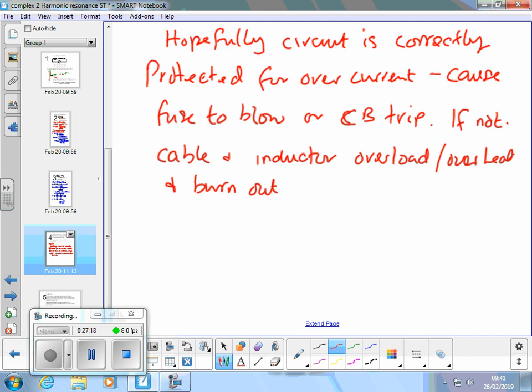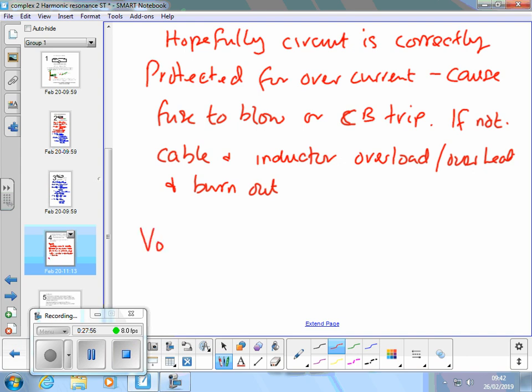So what you'd hope is that that circuit is correctly fused, the correct circuit breaker has been chosen, and enough current flows to trip that or blow the fuse. If that doesn't happen, then we're looking at an inductor intended to carry, let's say, half an amp, carrying 10 amps. That's highly likely to overheat and burn out. It just depends on what the component is really.